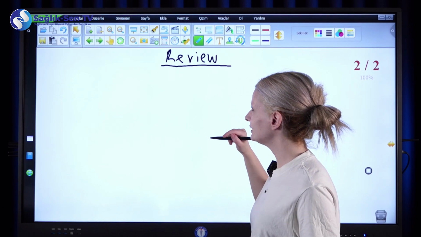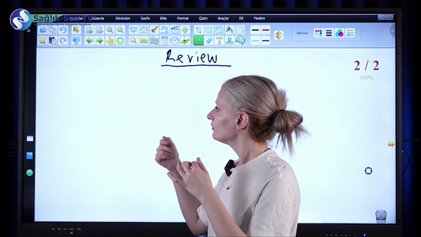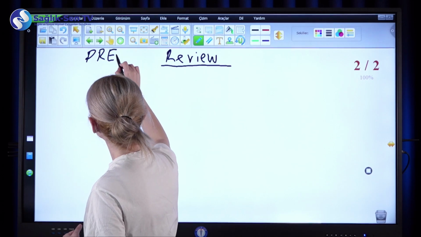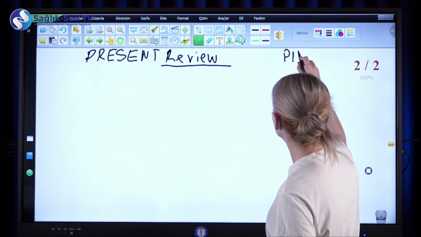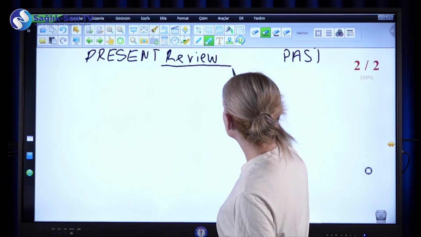So we have talked about that we have two tense families. One of them is the present family, and the other one is the past family.